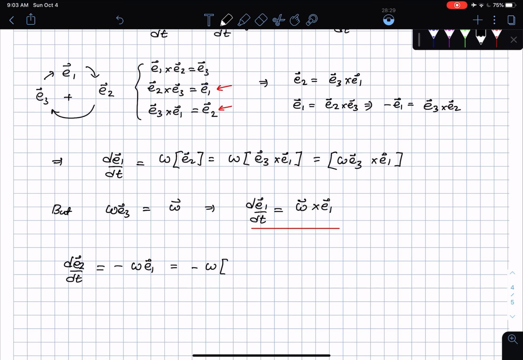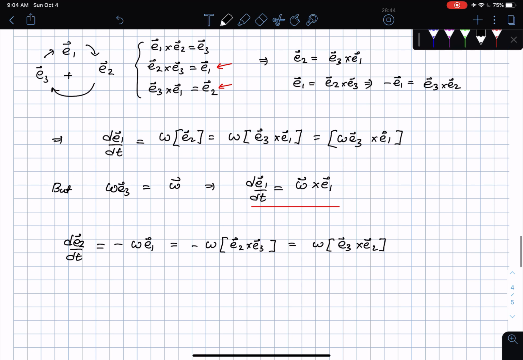A cross B is the same as minus B cross A. So this is going to be omega times E3 cross E2, which tells me what? The dE2 by dt is also of the same form as the previous one. Okay, so this is a fantastic thing, and this is one of the foundational principles in rigid body kinematics.